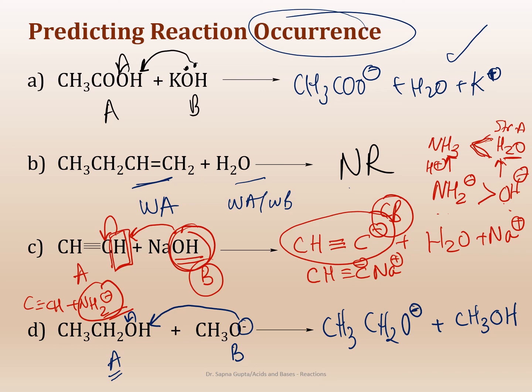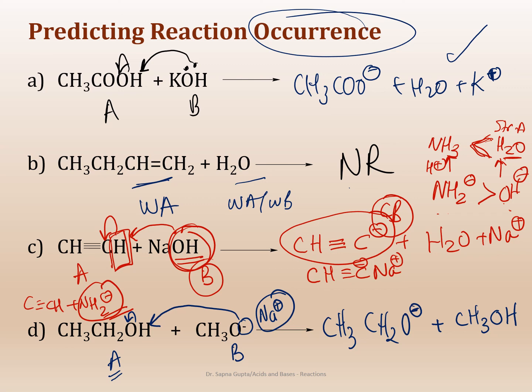I didn't give you a plus here. CH3O minus technically should have a counter ion to go with it, which could be a sodium ion or a potassium ion. Any of those positive ions will work. That is a spectator ion. Sometimes we don't draw spectator ions out, but you have to know that they are there, so no need to worry too much about it.